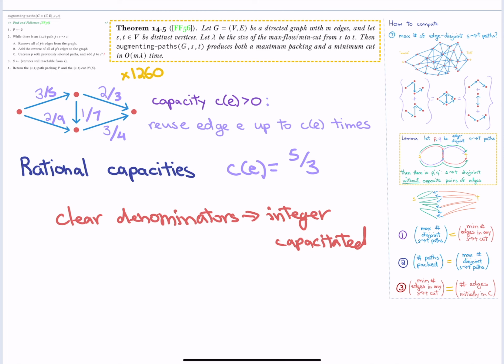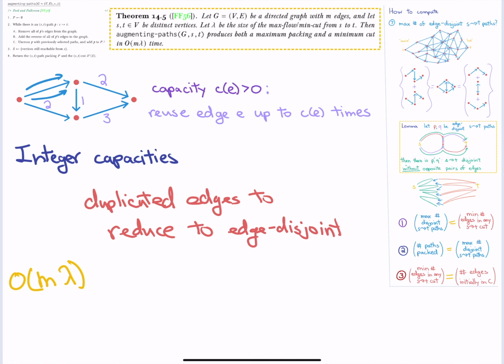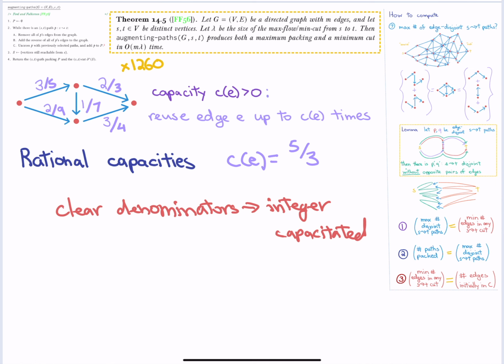Well, I never fully wrote the theorem, but at this point, let's backtrack. The goal was to reestablish this nice max equals min theorem for integer capacities. And the trick was, I can duplicate edges and think about it as an unweighted graph like last time, and then you get max equals min. Now I wanted to reestablish max equals min for rational capacities.